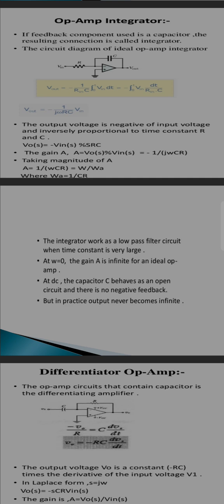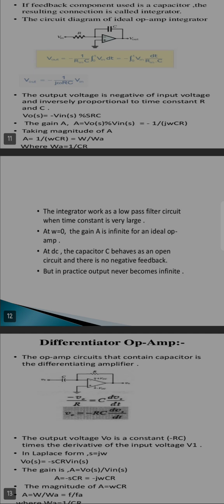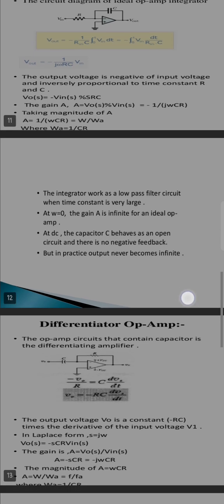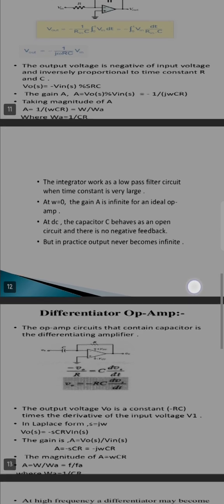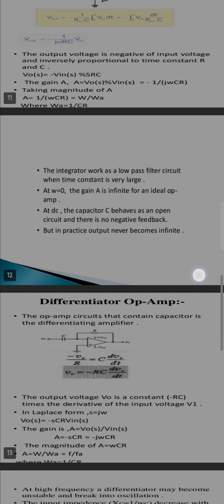First, the integrator works as a low pass filter circuit when the time constant is very large. Then omega is equal to 0, that is, the gain A is infinite for an ideal operational amplifier. Then at DC, that is direct current, the capacitor C behaves as an open circuit and there is no negative feedback. But in practice the output never becomes infinite.